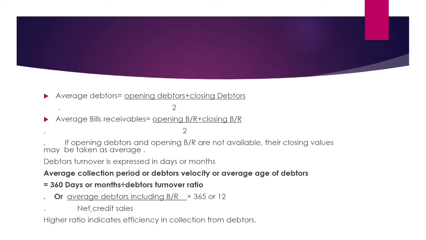Or the direct equation to find out the average collection period is average debtors including BR divided by net credit sales, into 360 or 365 days or 12. A year may include 360 days or 365 days, whichever may be taken. Then a higher turnover ratio indicates efficiency in collection from debtors.